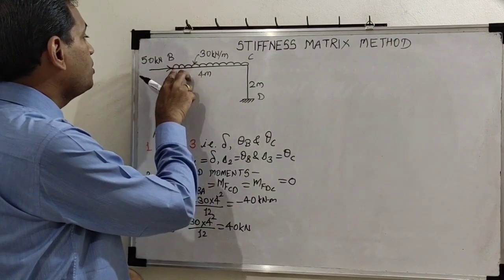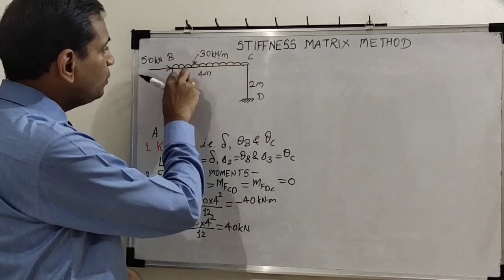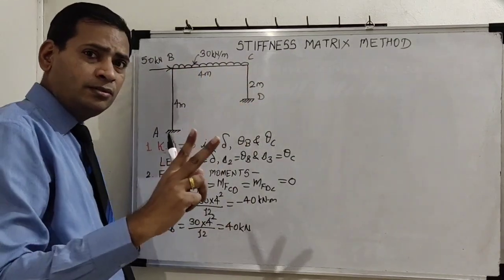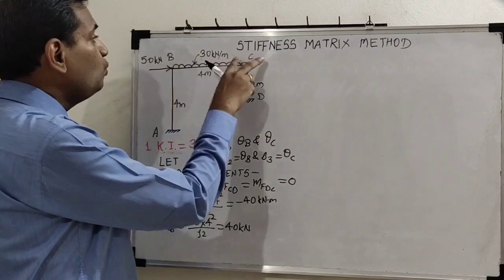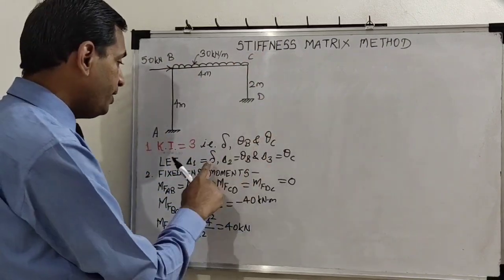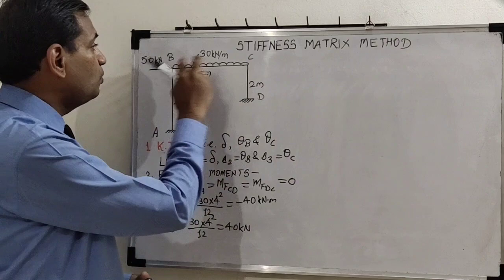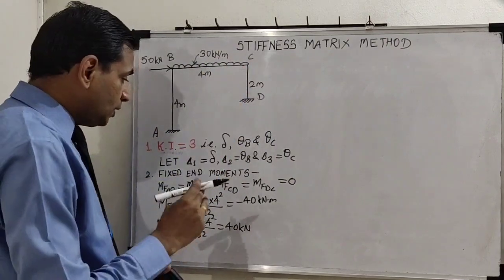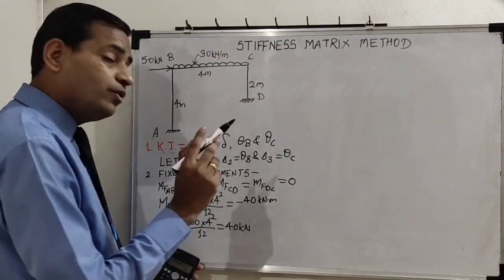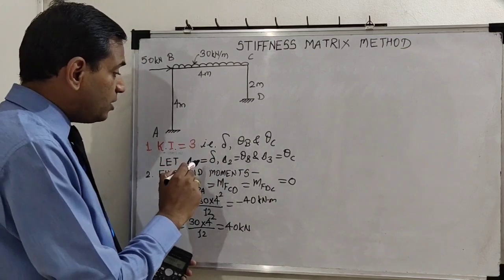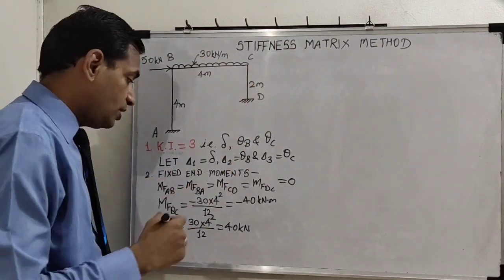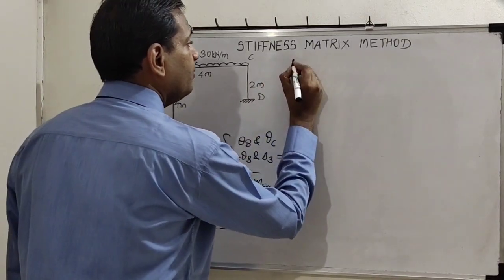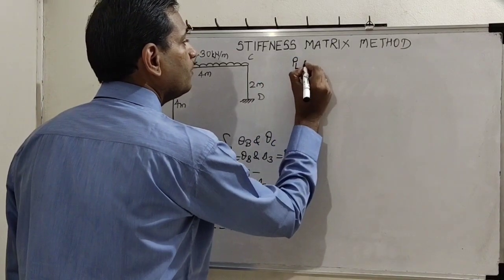One is at this location, another is at this location. Both delta values will be the same. So though there are 2 delta values, they will be treated as only one unknown because both are equal. So we will have to find reactions at these 2 locations, HB and HC, horizontal reactions, and that will be your PL1 value. Please remember.